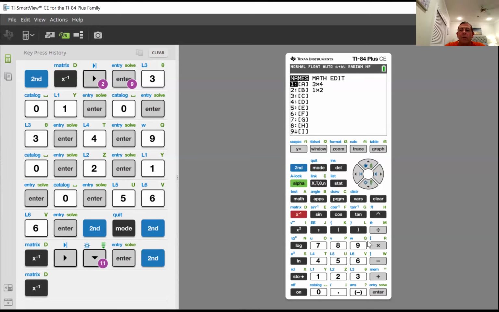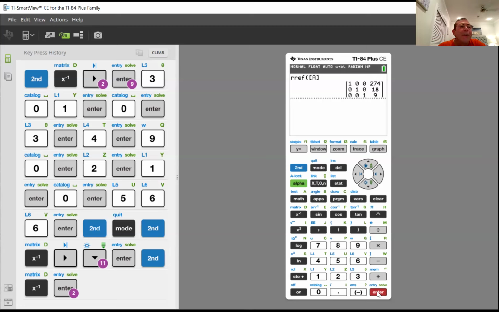Second, x-1, enter. All right, so we're hoping for, looks like a 278, 18, and a 9. Ooh, I got a 274. Check your calculator again. Typo, okay, I was about to say, because, yeah, you probably had a 274, 18, and 9 like mine. Good job. Those are not too bad when y'all get good on that calculator, okay?